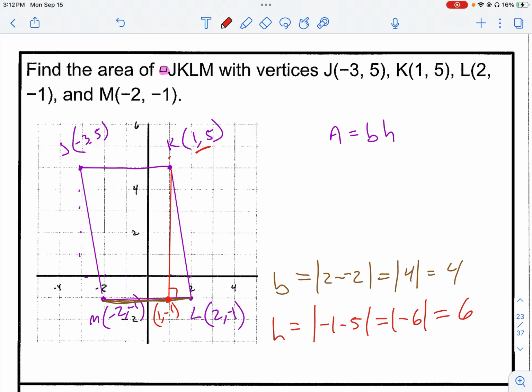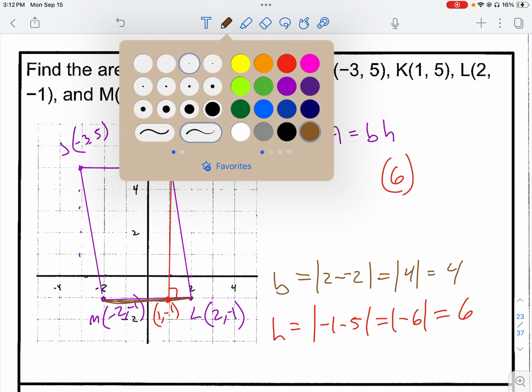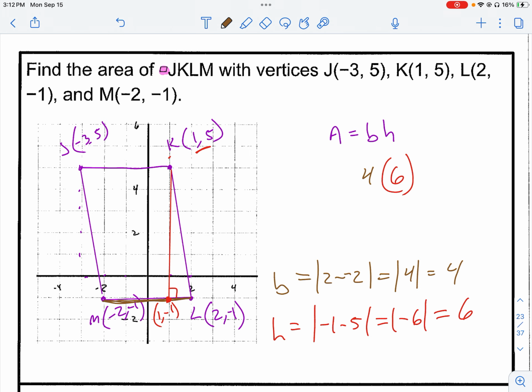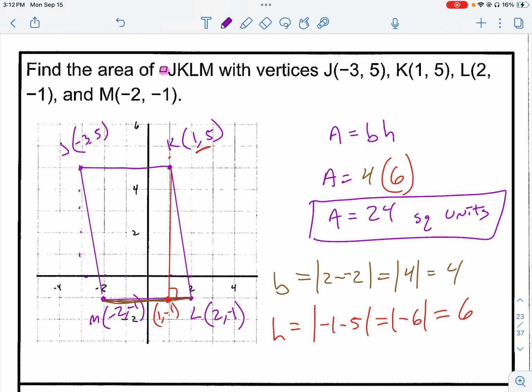So our area is 6 times 4, or 24 square units, or units squared, whichever.